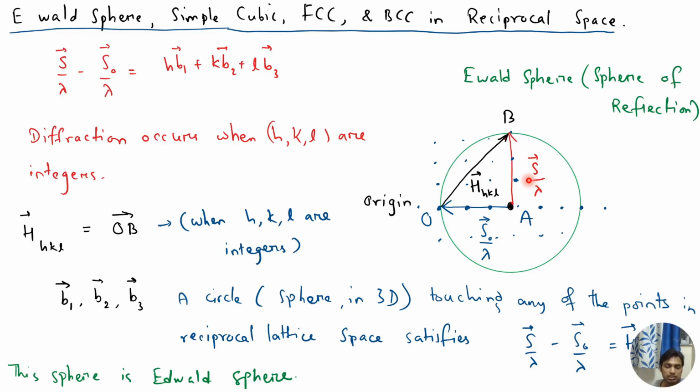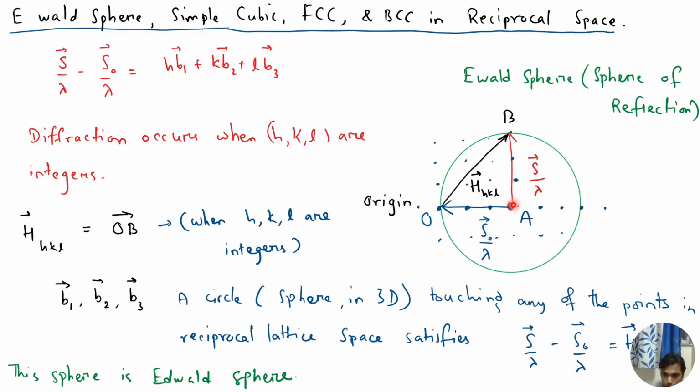So this is your s by lambda vector starting from here. This is another vector. Now what is this vector? S by lambda minus s naught by lambda.